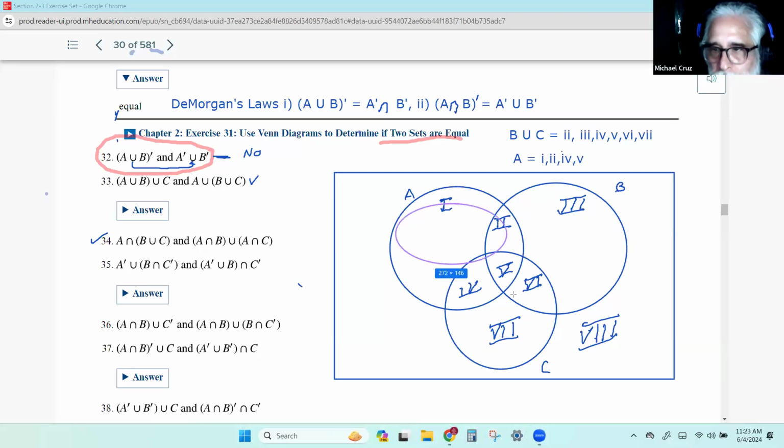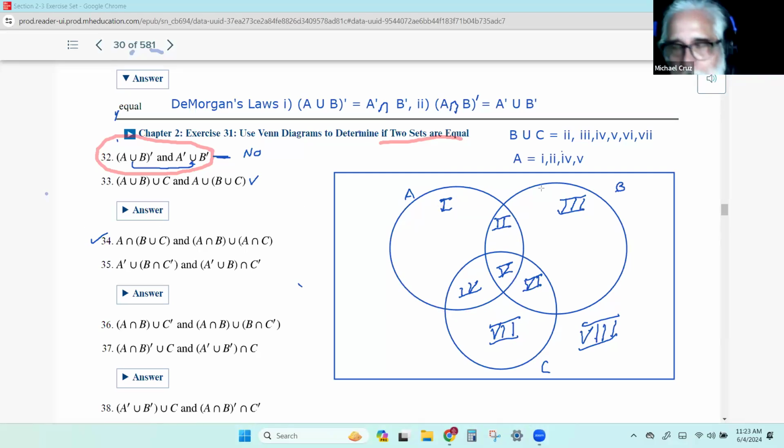So A is there. And you see that? 1, 2, 4, and 5 are in it. All right. Now I'm just going to find the intersection here between these two. So what's the intersection between these two? It looks like 4 and 5.